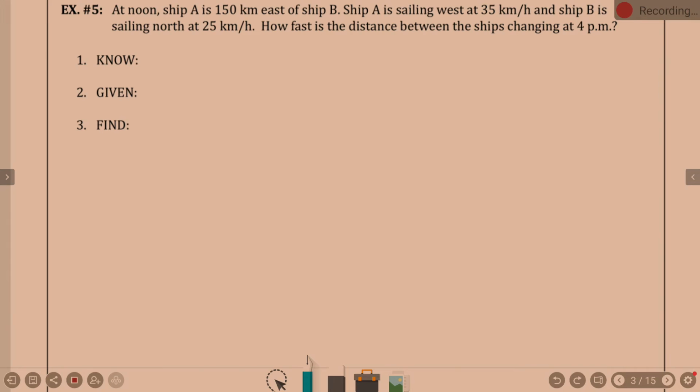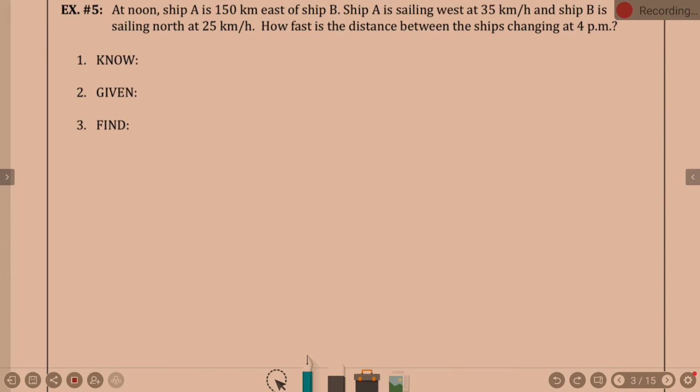Okay. Let's see. How did I want to set this up? We've got a ship going east and a ship sailing north, right? No, sailing west and north. That's what it was. Okay.